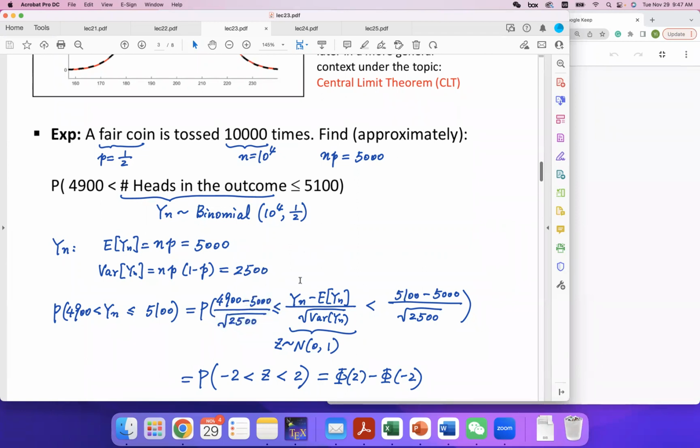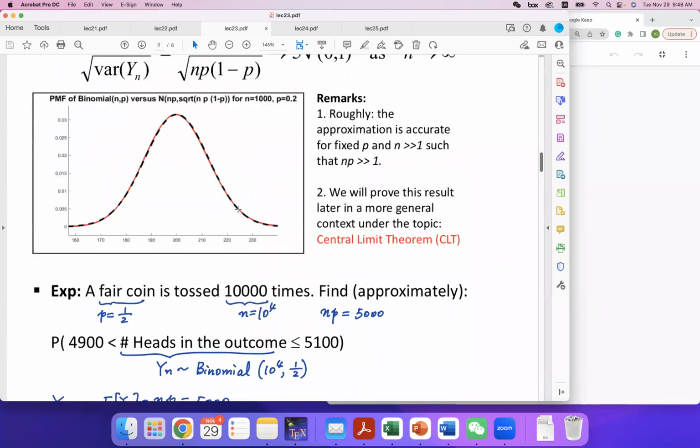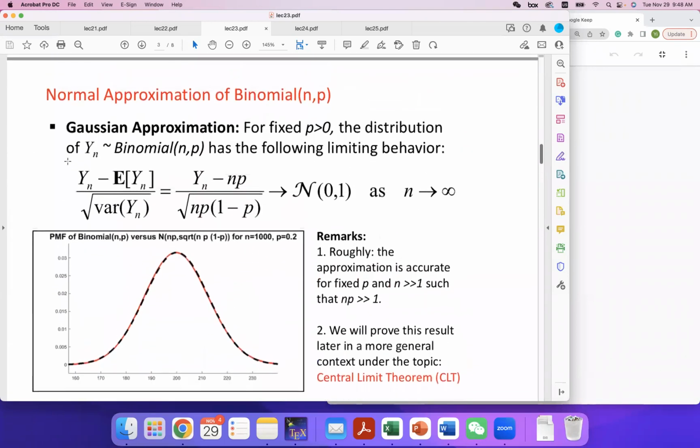After this normalization step, the normalized Yn can be approximated by a standard normal Gaussian random variable, zero mean and unit variance.